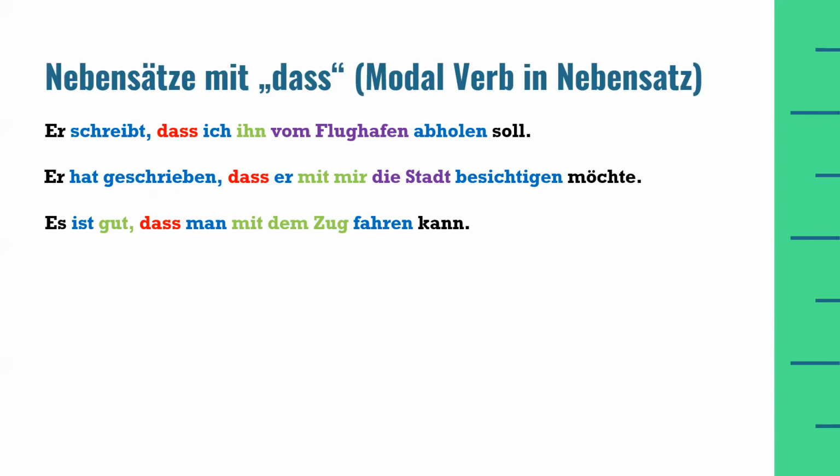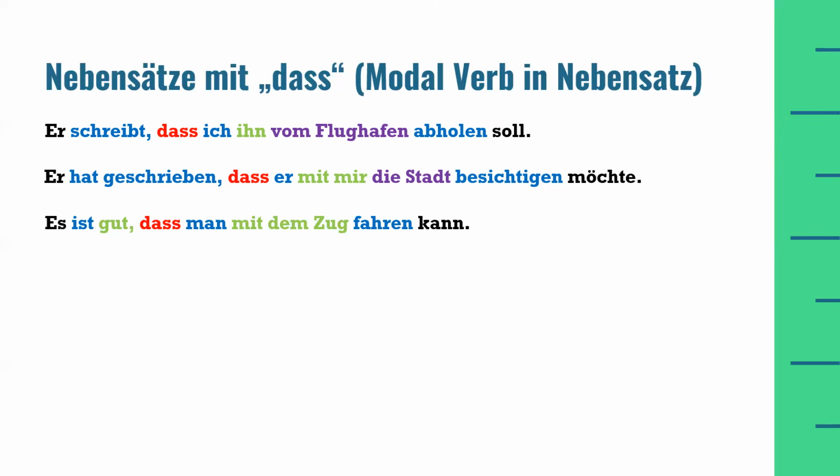Es ist gut, it's good. What is good? For that, we have to make a Nebensatz with dass. Dass man mit dem Zug fahren kann. That one can travel with the train. Dass and man come soon after, then mit dem Zug. Now, mit is a dative preposition and Zug is a masculine noun.